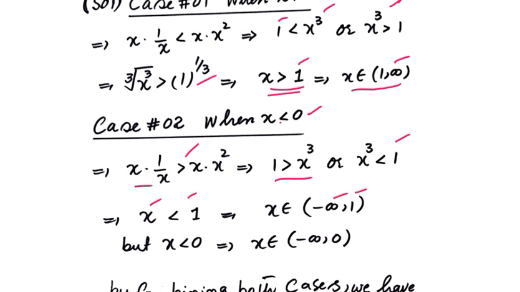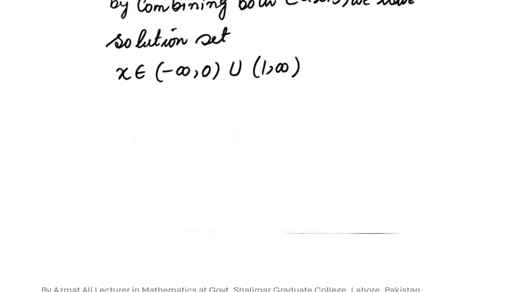But my x is less than 0, so I will squeeze this interval to minus infinity to 0. Now combining both of the values, first is 1 to infinity and the second is minus infinity to 0. So this is the solution of the given inequality.